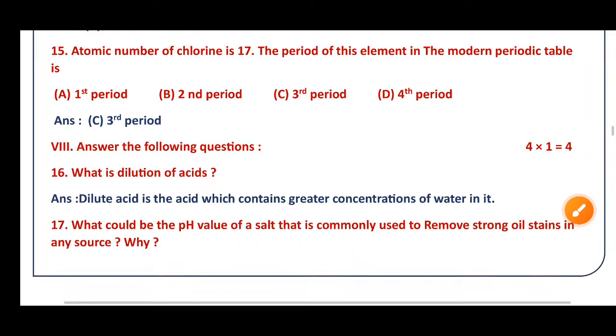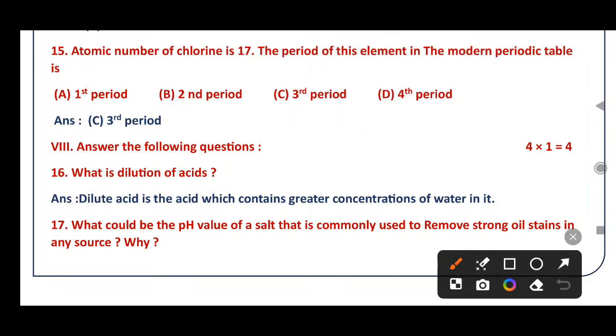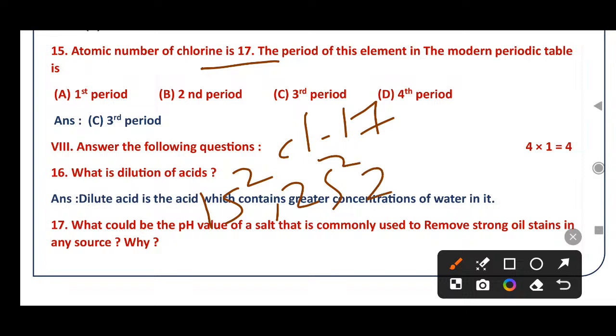Then question number 15. The atomic number of chlorine is 17. The period of this element in the modern periodic table is? How to find the period? They have given the atomic number here. Chlorine's atomic number is 17. First we have to write the electronic configuration: 1s2, 2s2, 2p6, 3s2, 3p5.